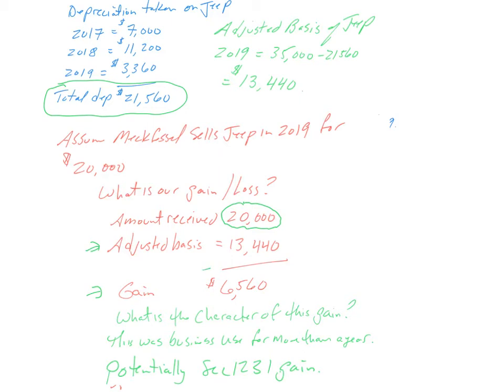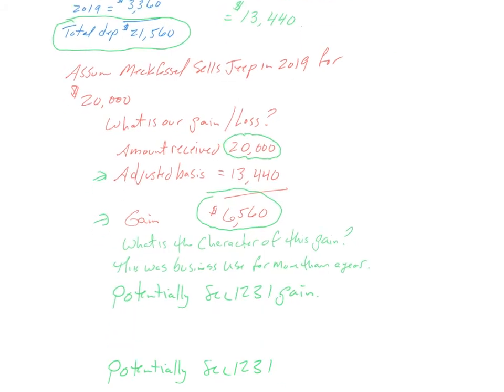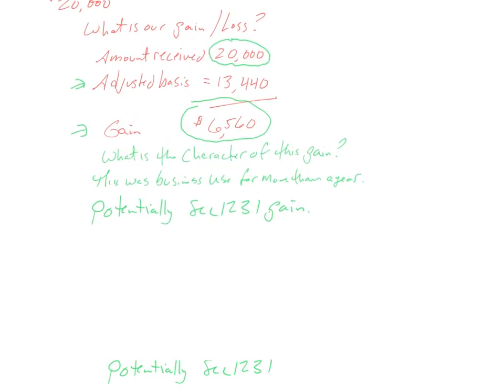Our gain is less than that total amount of depreciation. So all of this gain was generated purely by the fact that we depreciated this asset over its useful life. So we can't treat this gain as capital. All right? So what that brings us to is kind of situation one.